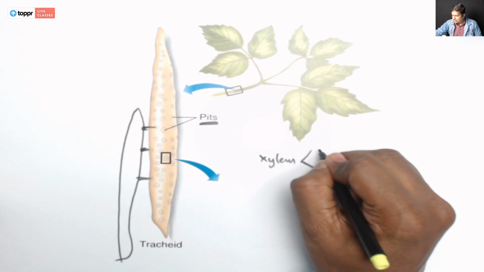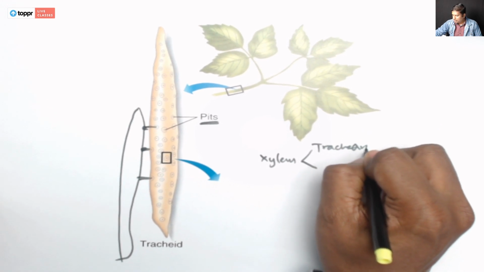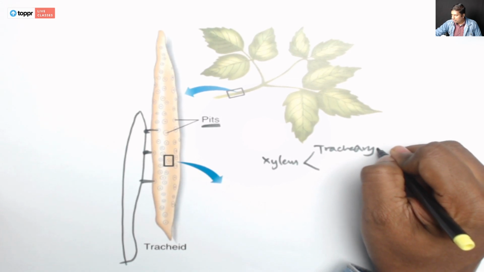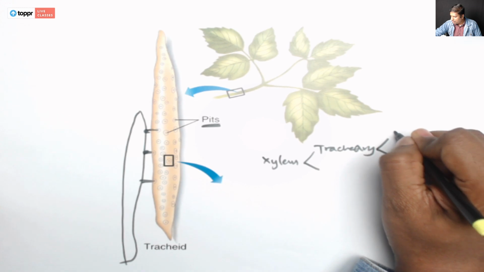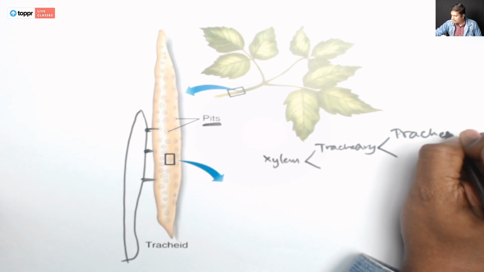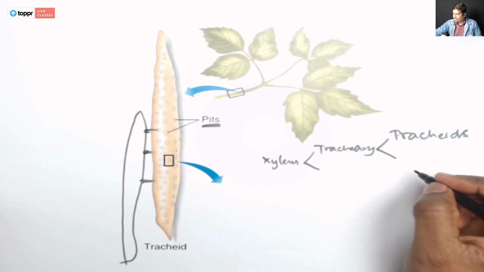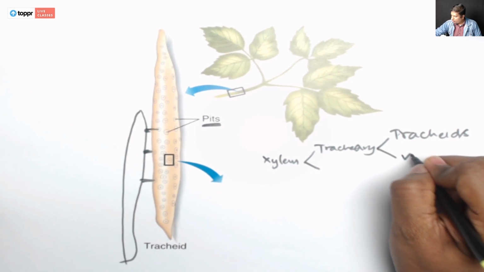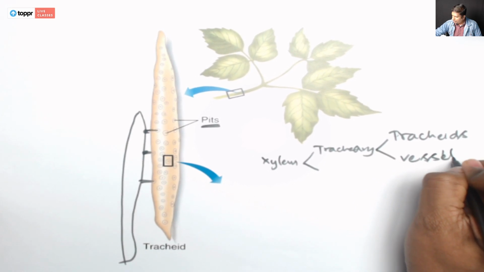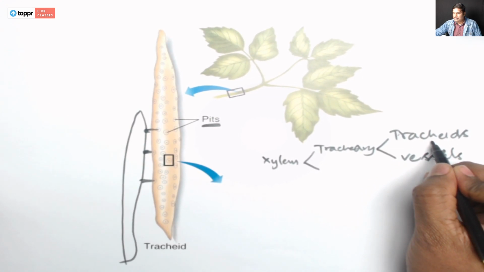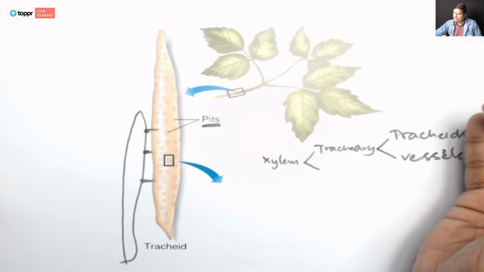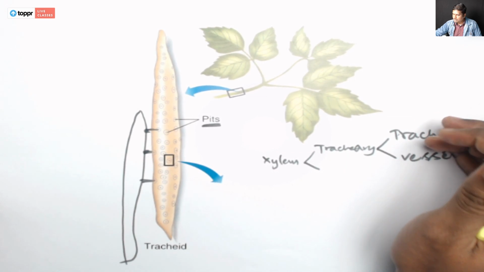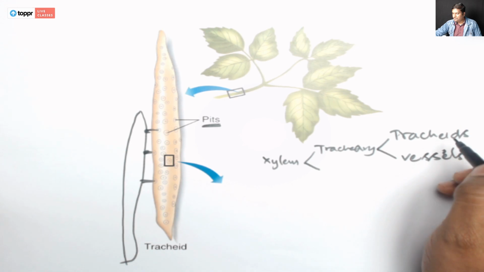The tracheary elements are the ones involved in water transport, and they can be of two types: one is your tracheids, and the other is your vessels. Tracheids are found only in the gymnosperms, you will see only tracheids. However, in angiosperms you will see both tracheids as well as vessels.